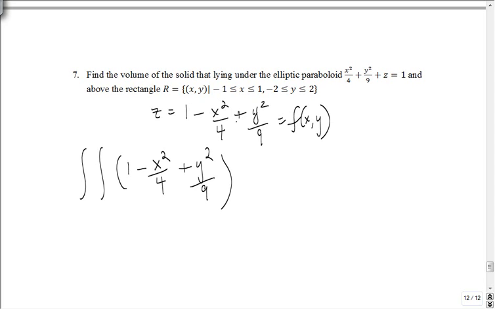dy dx instead of dx dy. You can use dy dx, you can use dx dy, but make sure that you have the right limits. So if I put dx dy, I'm going to put negative 1 to 1, negative 2 to 2. If you put it as dy dx, then you have to put the negative 2 to 2 on the inside.